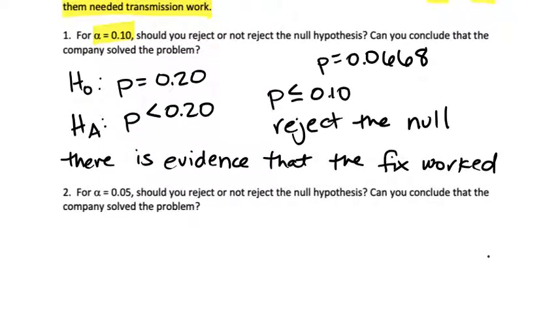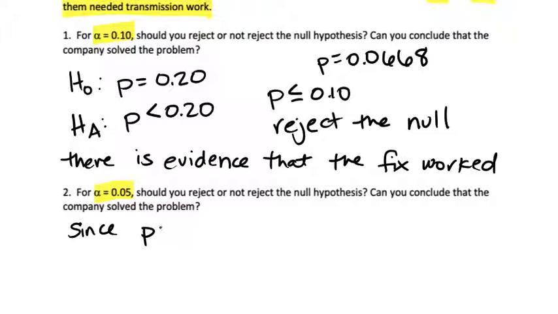Now, if I look at an alpha level of 0.05, should I reject or not reject the null hypothesis? Now, if I look at my p-value, p is equal to 0.0668. That's not less than 0.05. So for this alpha level, I cannot reject the null hypothesis.